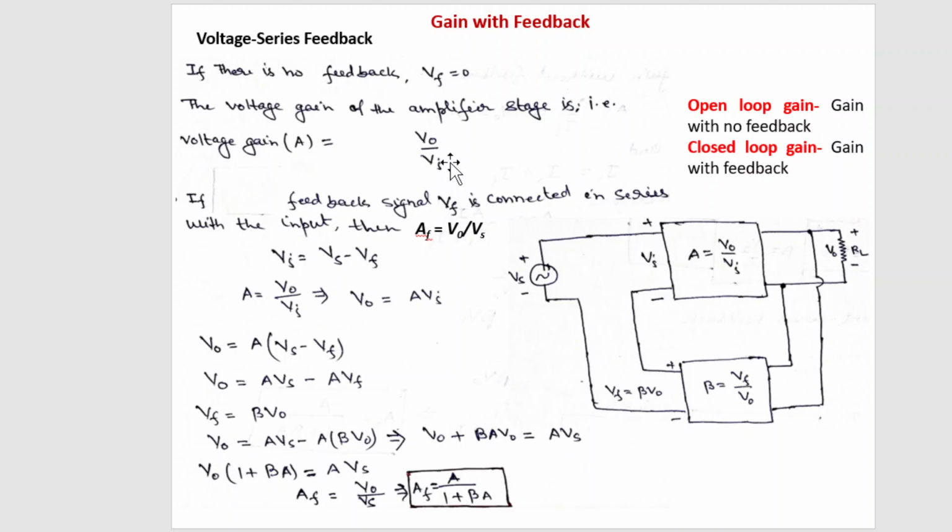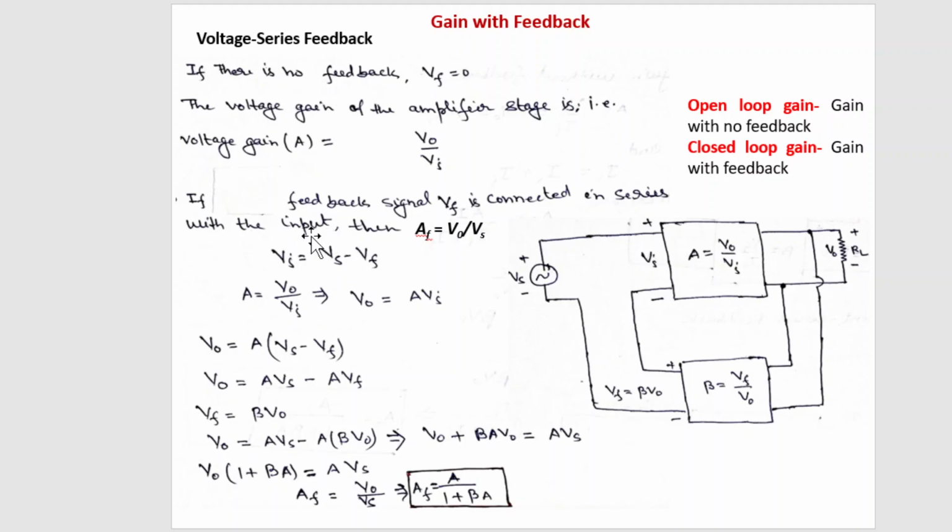So if you see here, we have A, that is gain without feedback, that is amplifier stage, VO upon Vi. When feedback is given, this Vi will be modified, that is Vs minus Vf. Vi is equal to Vs minus Vf, or Vs is equal to Vi plus Vf.